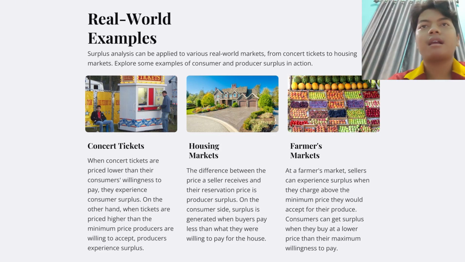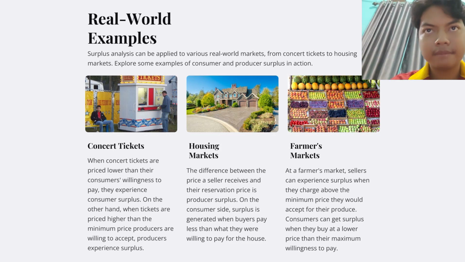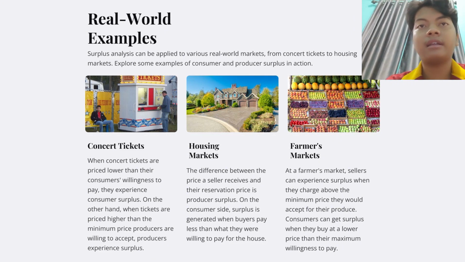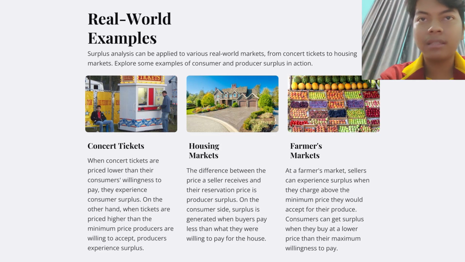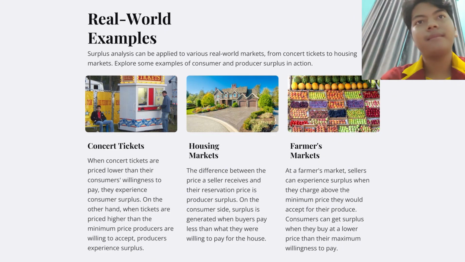Housing market. The difference between the price a seller receives and their reservation price is producer surplus. On the consumer side, surplus is generated when buyers pay less than what they were willing to pay for the house.